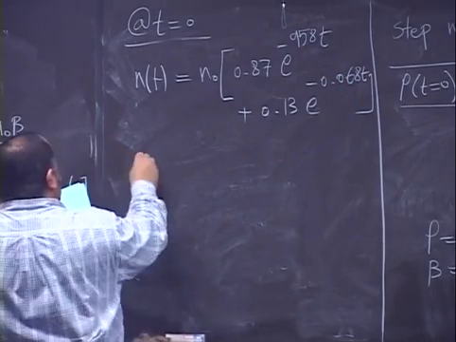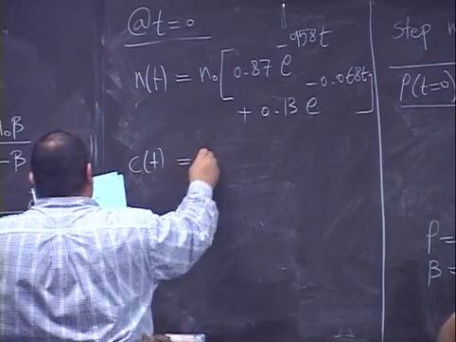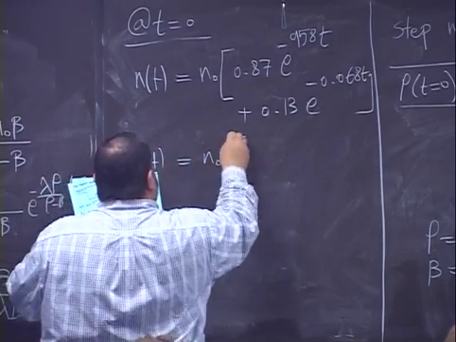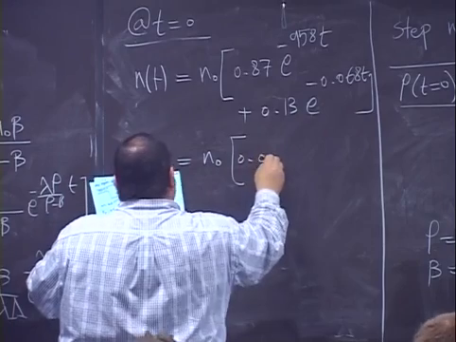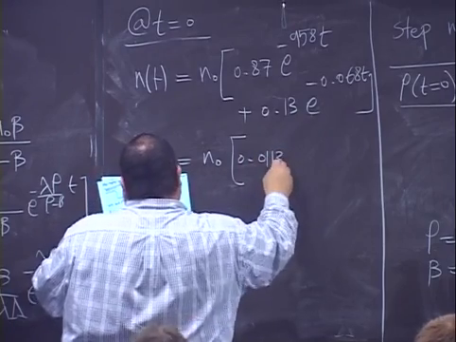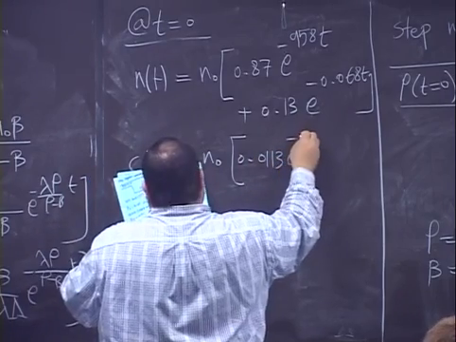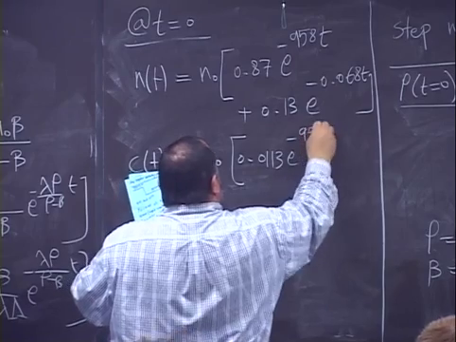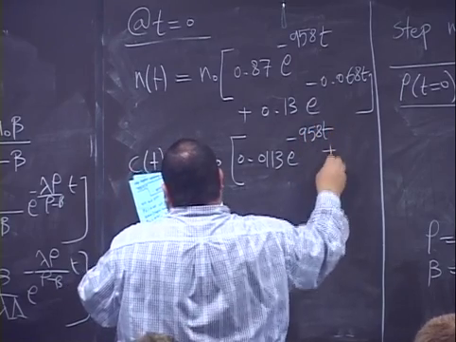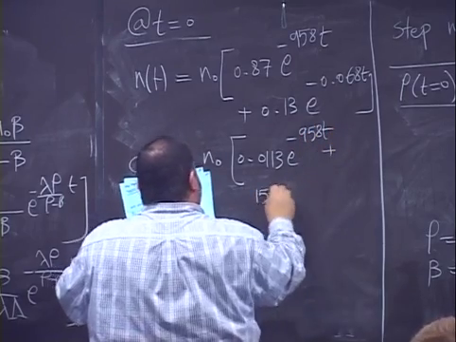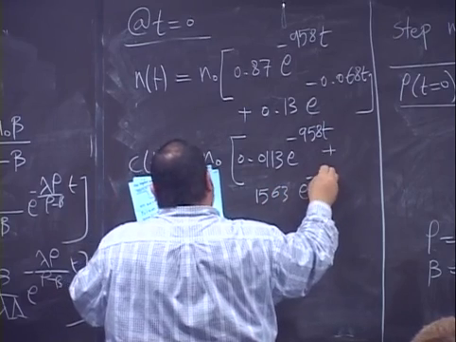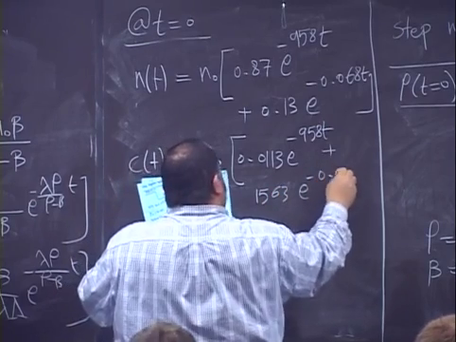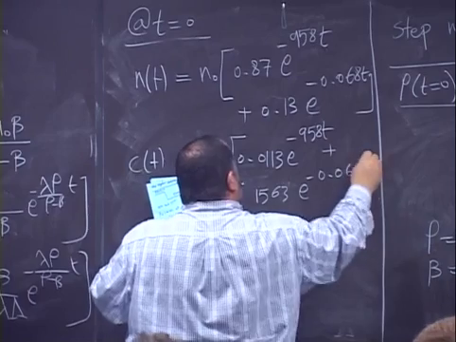And C of t will be just n naught multiplied by 0.0113 e to the power of minus 958 t plus 1563 e to the power of minus 0.068 t.